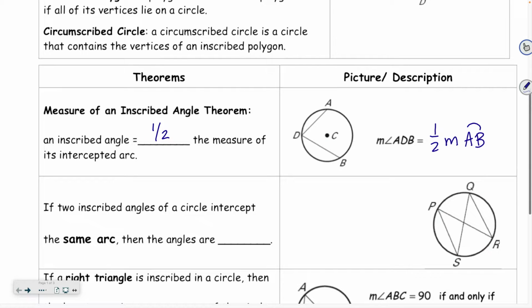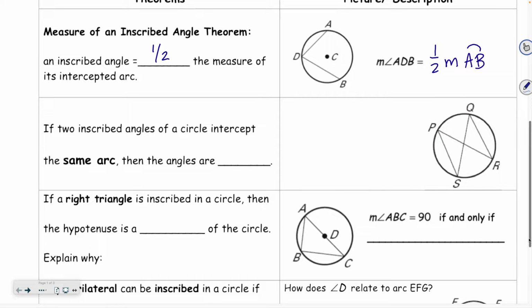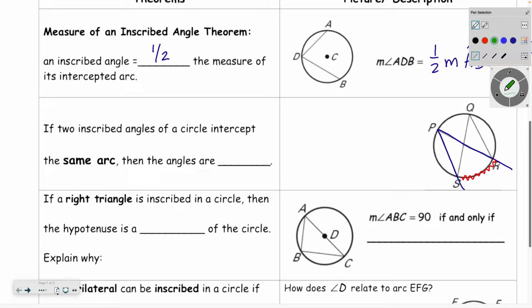The next type of picture you're going to see is something like this. If two inscribed angles of a circle intercept the same arc, okay, so this is angle P. What arc does angle P intercept? SR, or RS. What about angle Q?